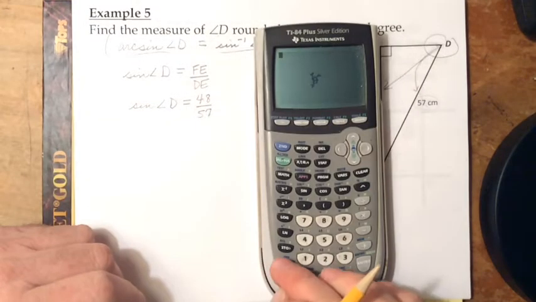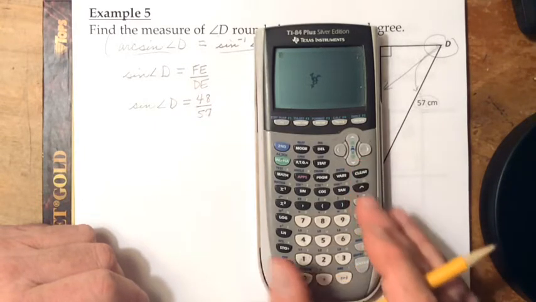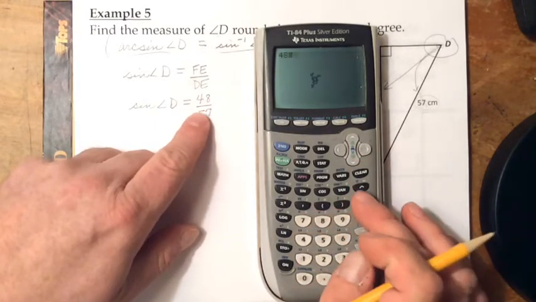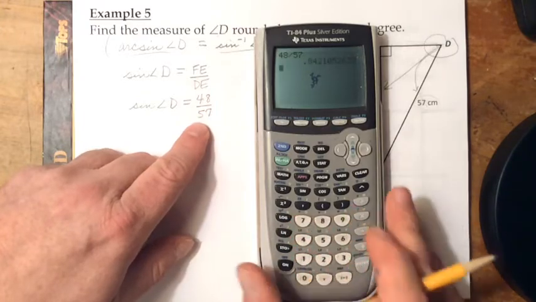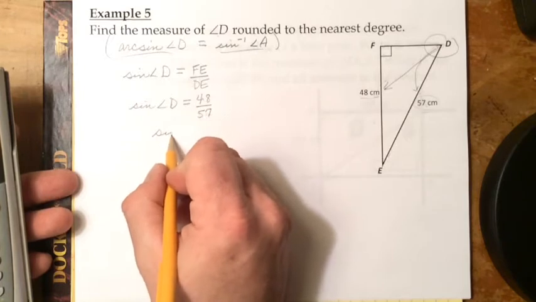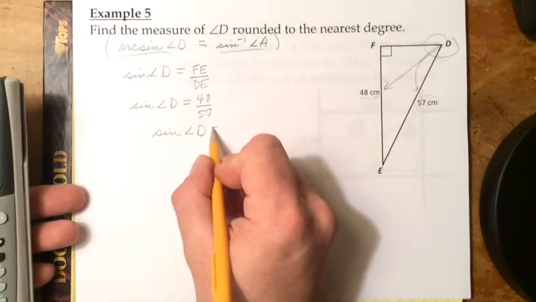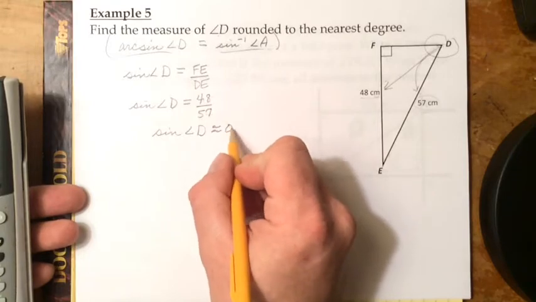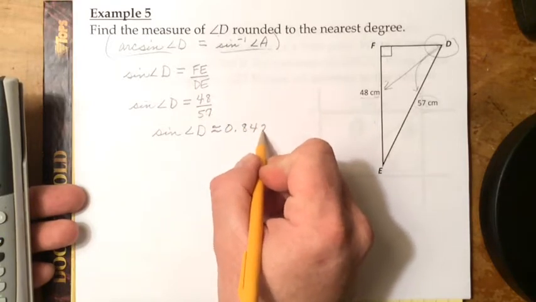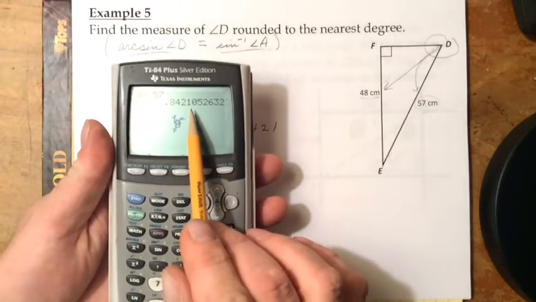So we're simply going to put in 48 divided by 57 on the calculator to find the decimal equivalent. Remember, 4 decimal places, so the sine of angle D is approximately equal to 0.8421, rounded to 4 decimal places.